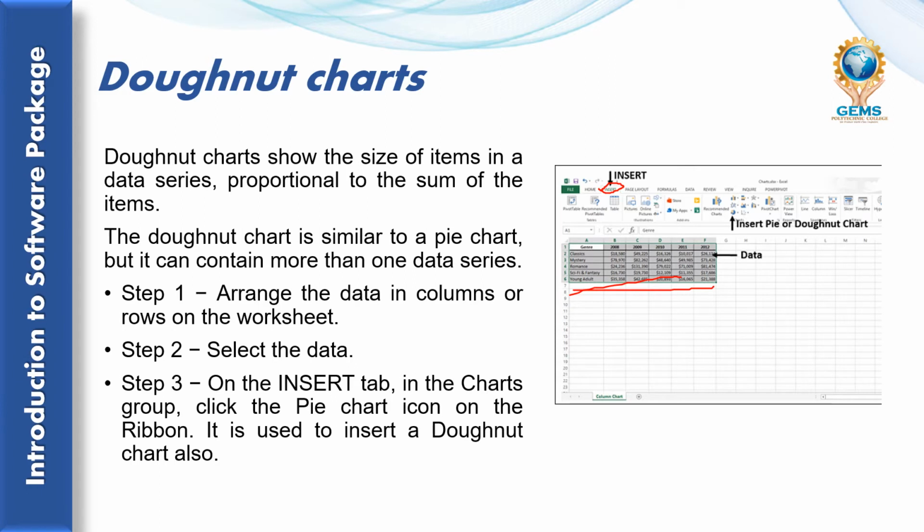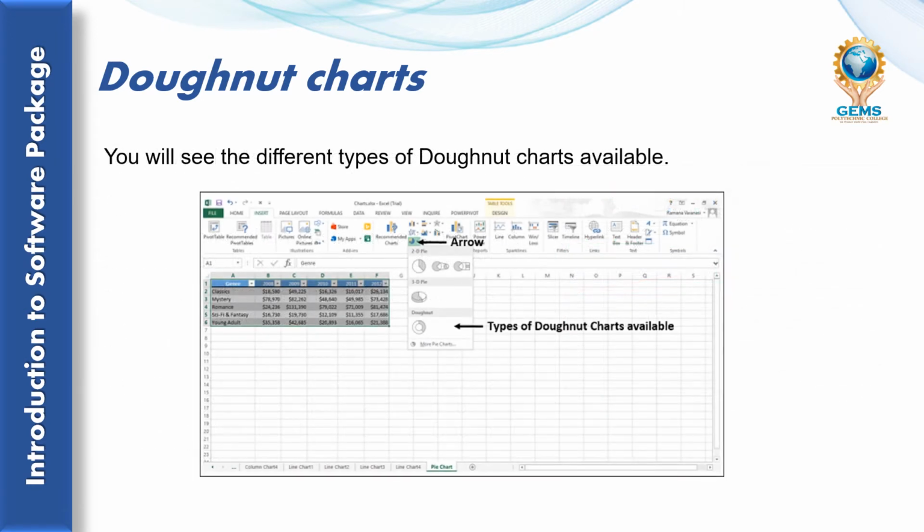From the categories you can select donut chart. Here the different types of donut chart are available. So this is the donut chart.